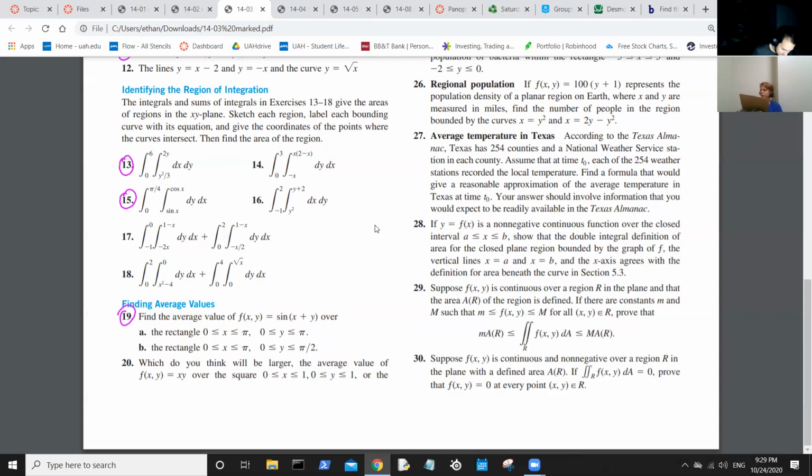Did we just get a 0? I guess the average value. Well, let's think about it. Wait, did we mess up anywhere? We have to evaluate it at 0. Oh yeah, you're right, we didn't do that. That's going to trip it up.